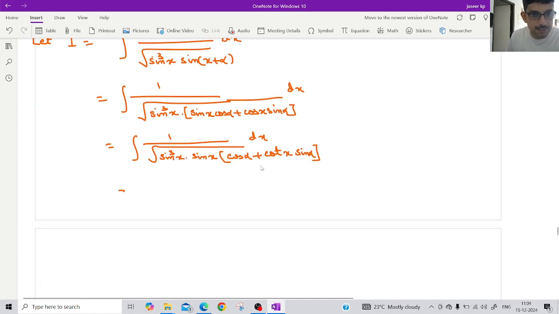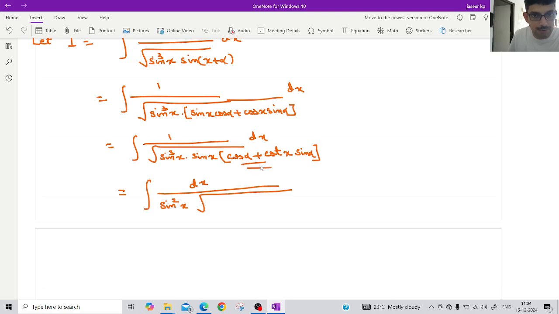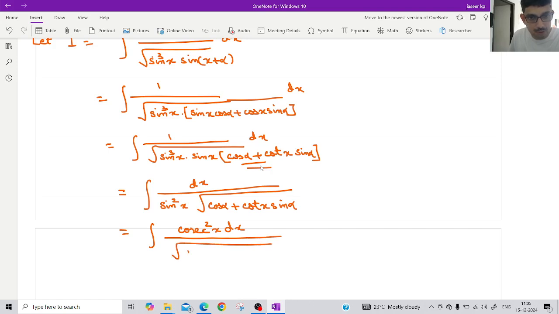So now this is sine to the power 4 x, so if it is taken outside the root, it will come as sine square x. So inside the root now only these two terms are there, that is cos alpha plus cot x sine alpha, and 1 by sine square x is cosecant square x dx.